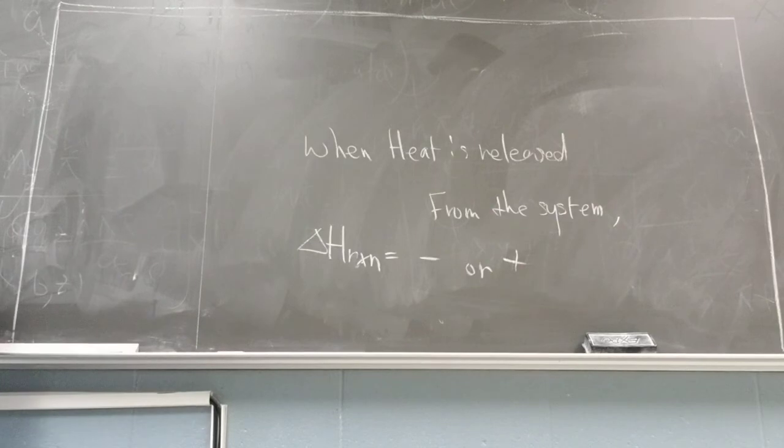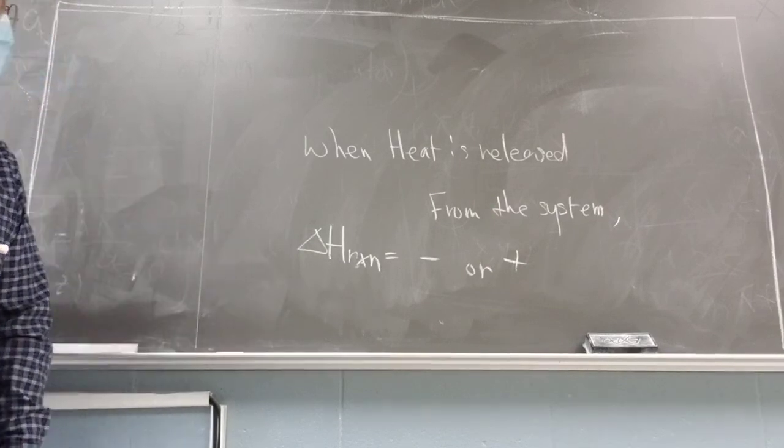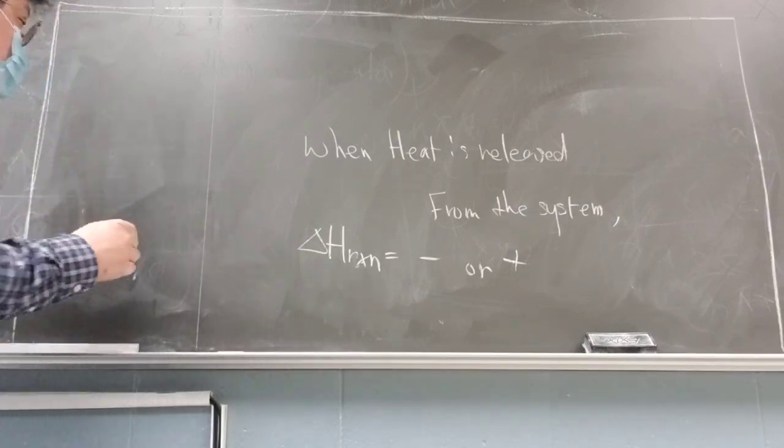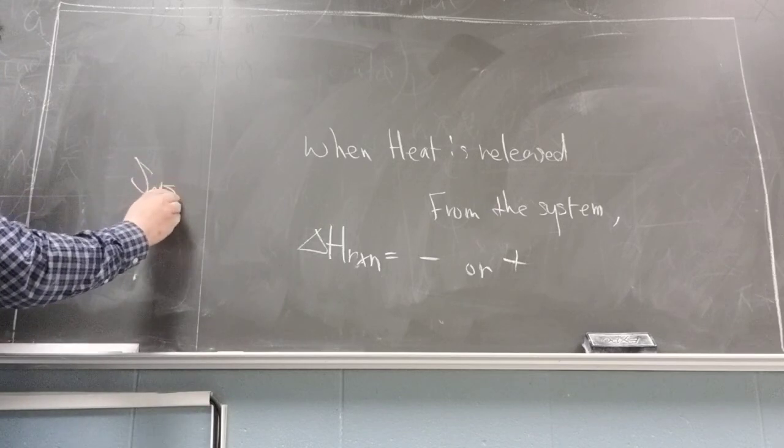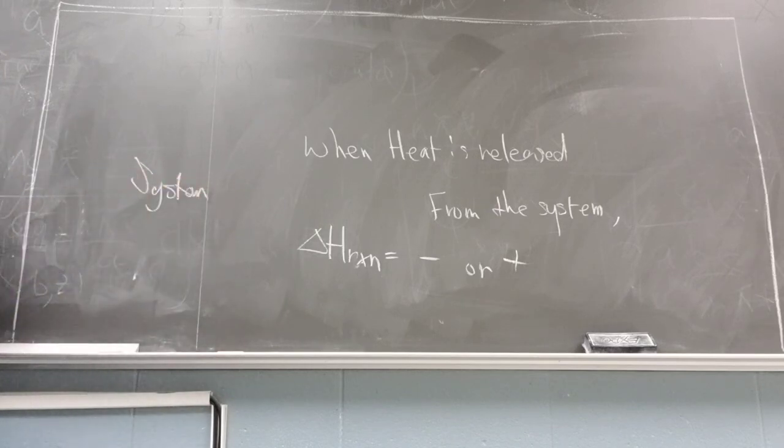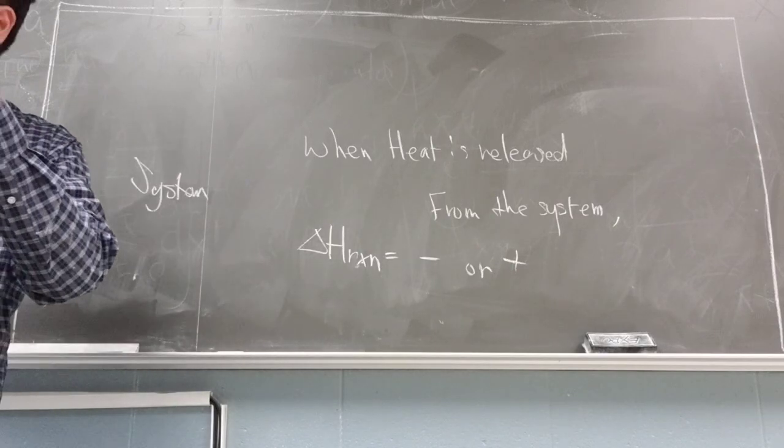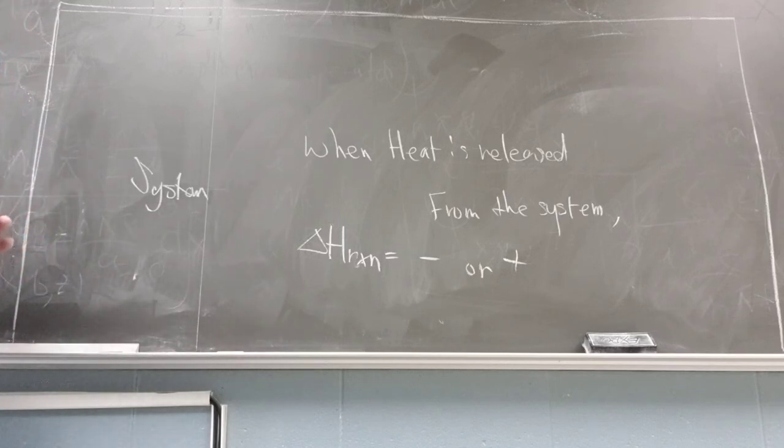So there's a couple of things I want to tell you. Whenever you have a system, okay, you have a system. So system means a very small portion of the space. Maybe it could be a small chemical reaction in a container, or some very sealed glass bottle or anything.